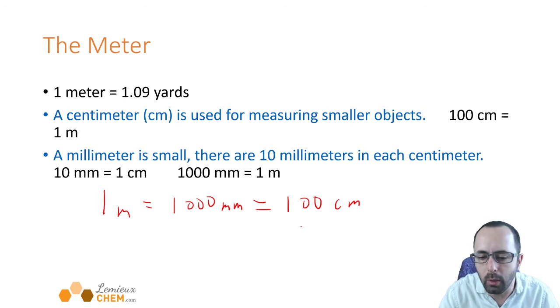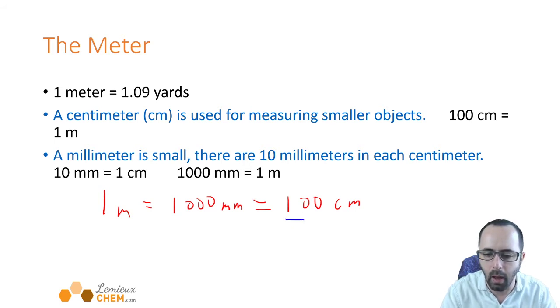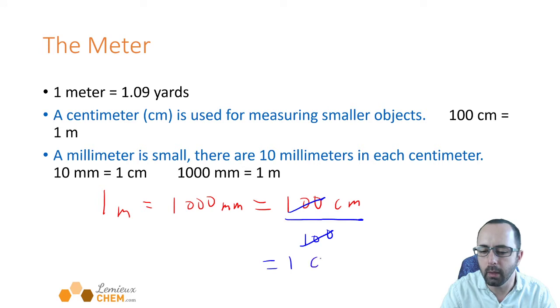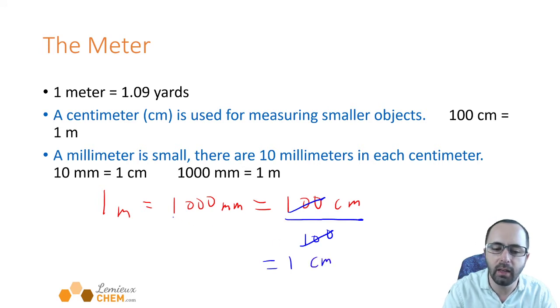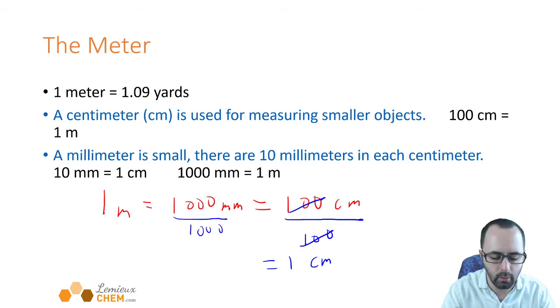So if we want to know the relationship between a centimeter and a millimeter, we could divide both of these by 100. If I divide 100 by 100 here, that's going to equal 1. So that cancels, or it equals 1. So 1 centimeter. And then if I divide here by 100, 1,000 divided, whoops.